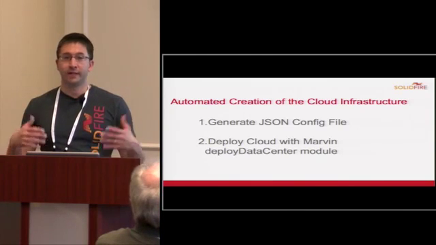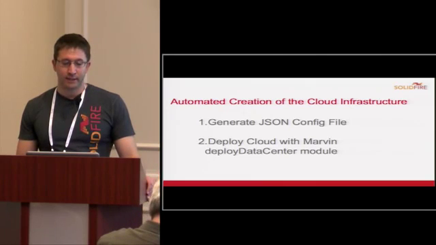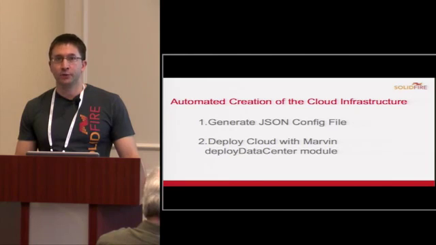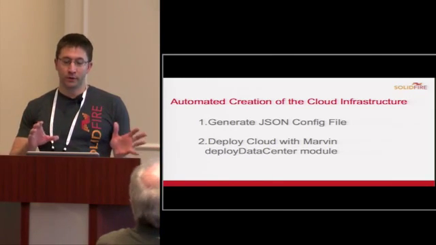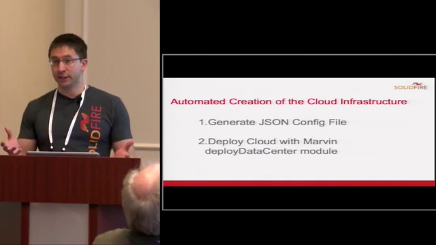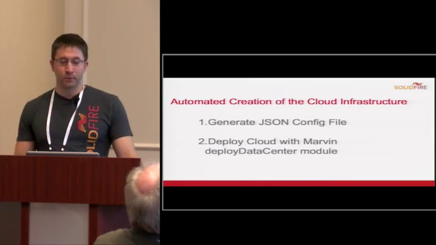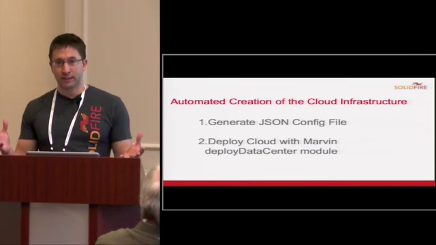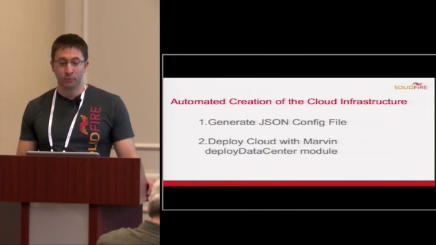For example, providing IP addresses for my Zen server hosts, and the IP addresses that CloudStack can use when it spins up VMs. All sorts of stuff that you would provide through the GUI. This is described in this JSON configuration file, and I just run it through deploy data center, and this builds my cloud infrastructure with the Zen server hosts and the Ubuntu VM.